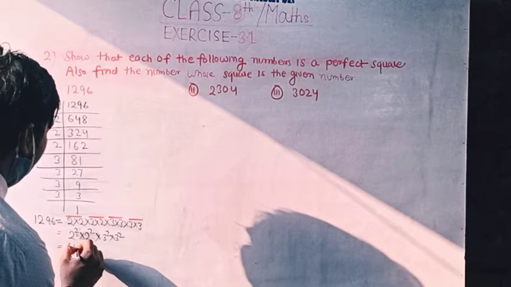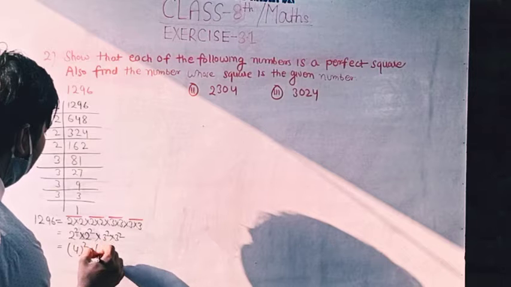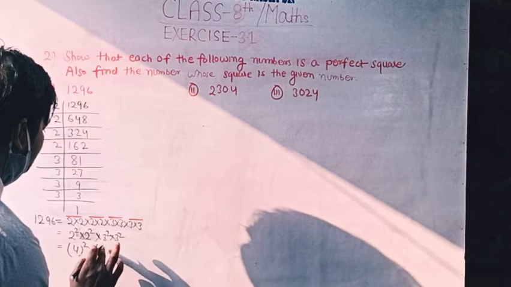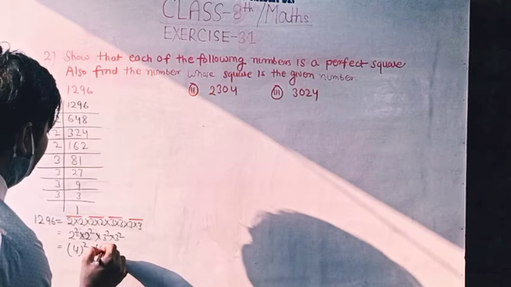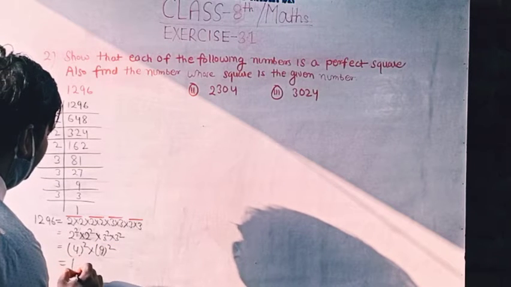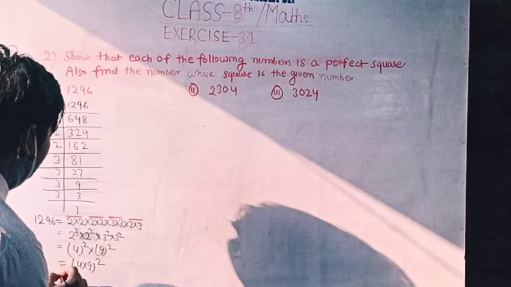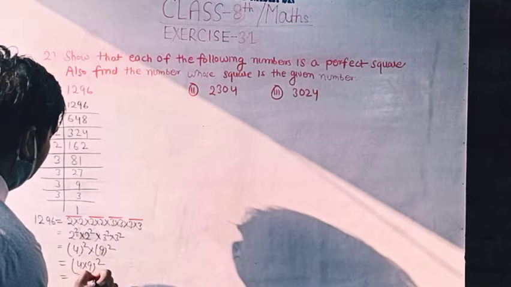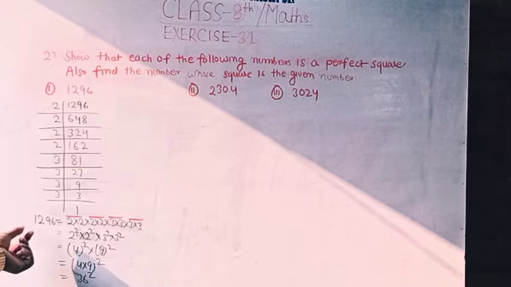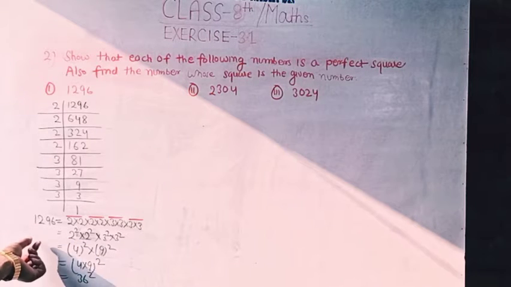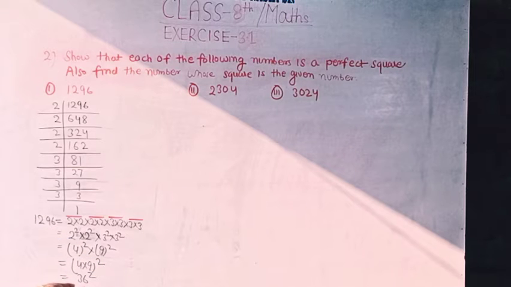This is 4 to the power 2 into 3 3 is 9 to the power 2, and finally this is 4 into 9 to the power 2, 36 square. So 1296 is the square of the natural number 36.